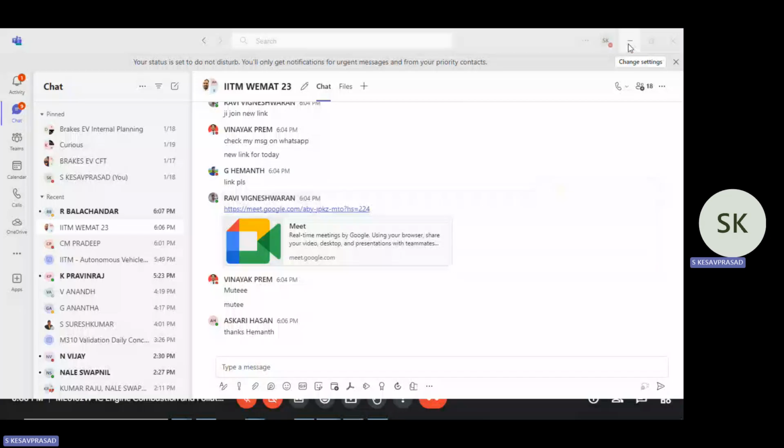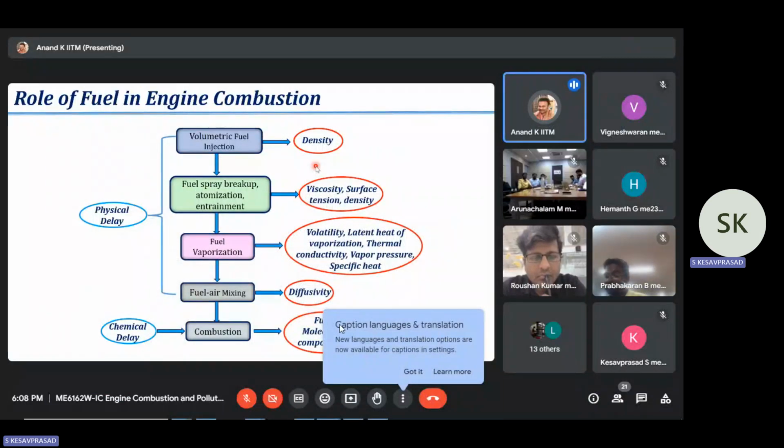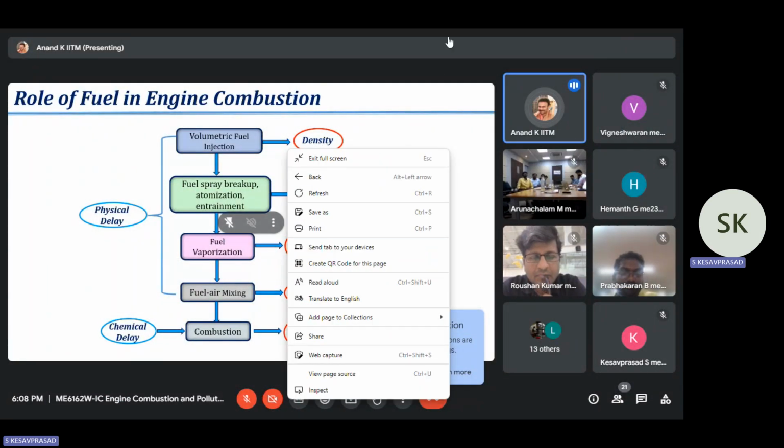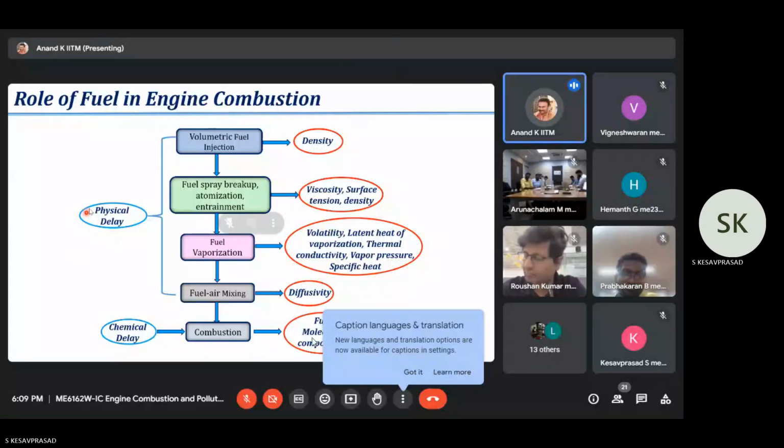This ignition delay time is the time elapsed between the start of fuel injection and the start of combustion, right? That time duration is referred to as... it refers to the time that is required to form an ignitable fuel air mixture.